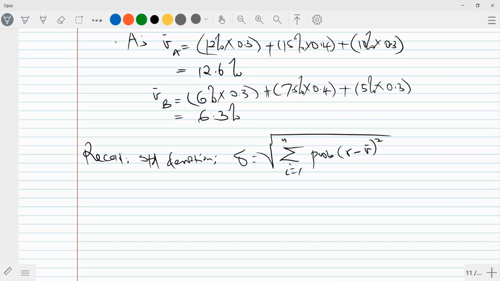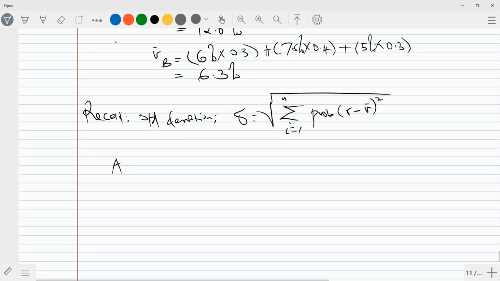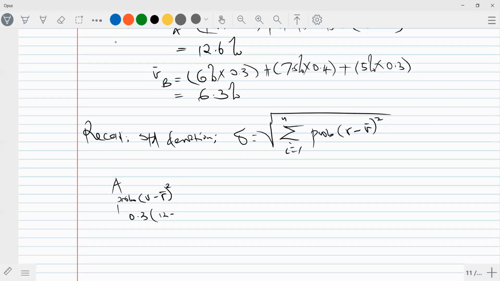So we can apply the formula to A and to B. Let me begin with A. In A, you'll be told that you can get 12. So this is gain, P, probability, R, R squared. The first probability is 0.3. The outcome is 12 minus the mean, which you've just obtained, 12.6%, squared.